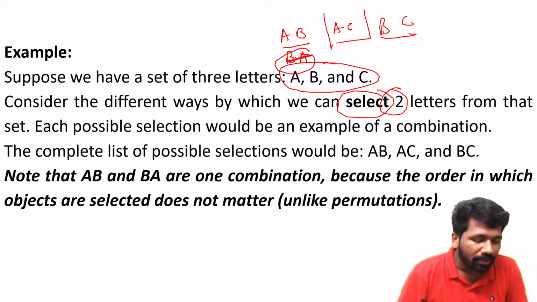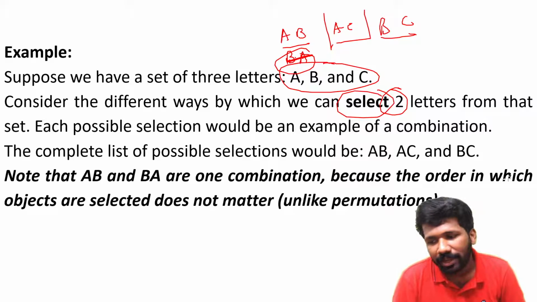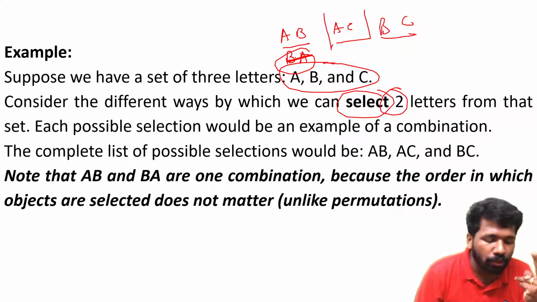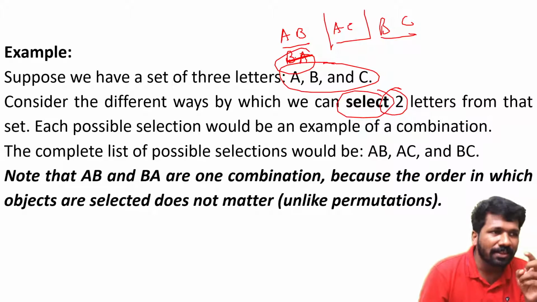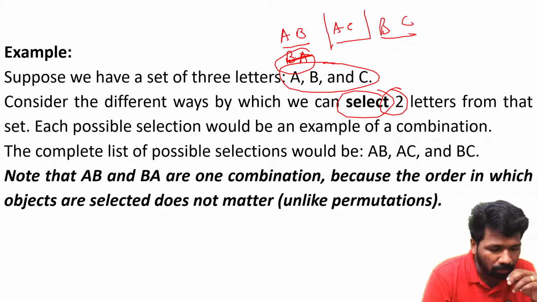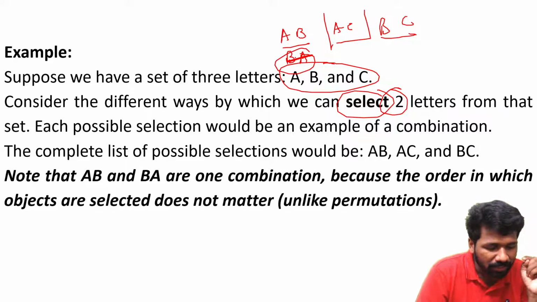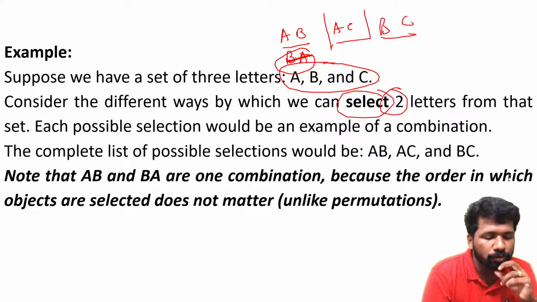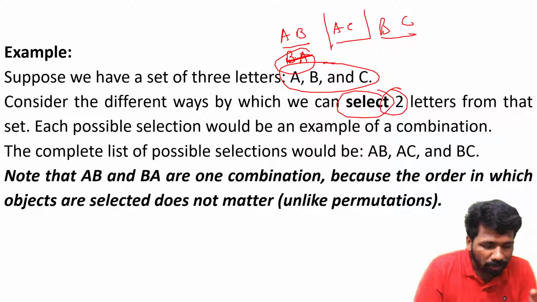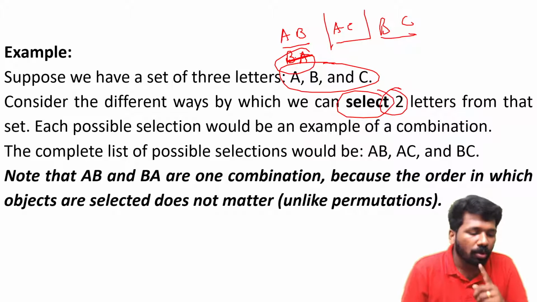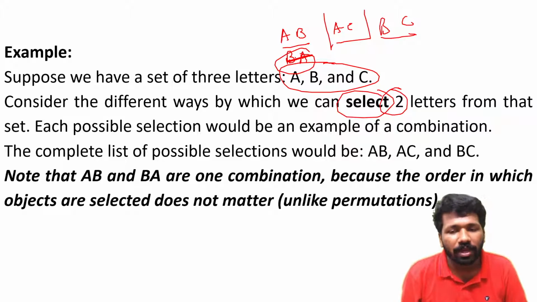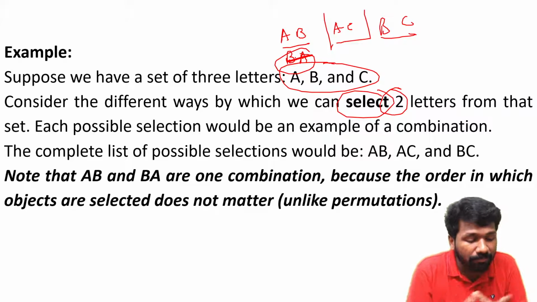For example, from this class, think that I am randomly selecting 2 people from this class. For example, I am calling out names in the chat. Omkar I am choosing as one person and Shivam I am choosing as one person. So if I am selecting, if I take Omkar first and then Shivam, or if I take Shivam first and Omkar next, that is same selection itself.